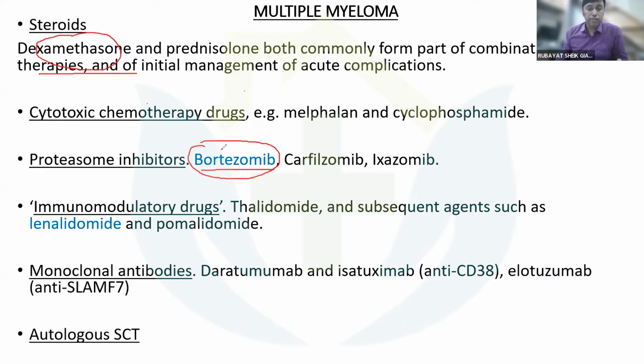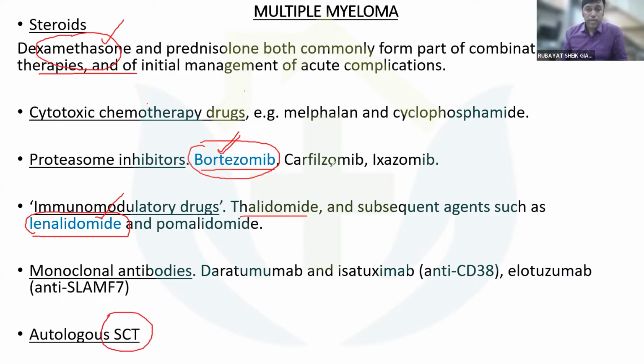For long-term therapy, this drug is used, and thalidomide derivatives. A long time back, thalidomide was used. Now, thalidomide derivatives, especially lenalidomide. These three drugs are the most commonly used drugs in multiple myeloma: dexamethasone, bortezomib, and lenalidomide. Combination of these three drugs produces better effects. And obviously bone marrow or stem cell transplantation.